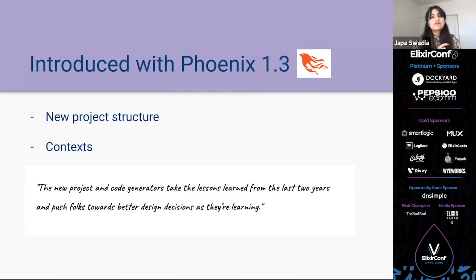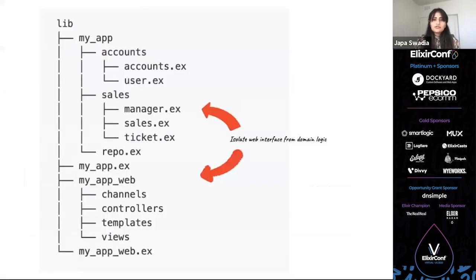So in regards to DDD, two things were introduced. One was a new project structure, which I'm sure most of you are aware of because that's the current project structure as it exists. And the second was context. If you look at the project structure, it's really a great indication of domain-driven design, in the sense that you can see how the web interface is super isolated from the business logic or the domain logic layer.